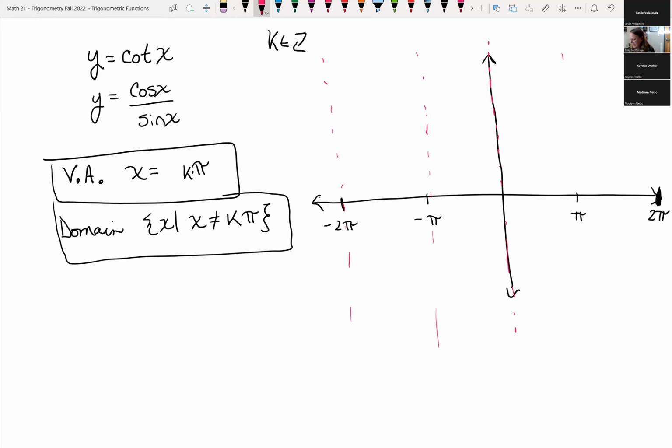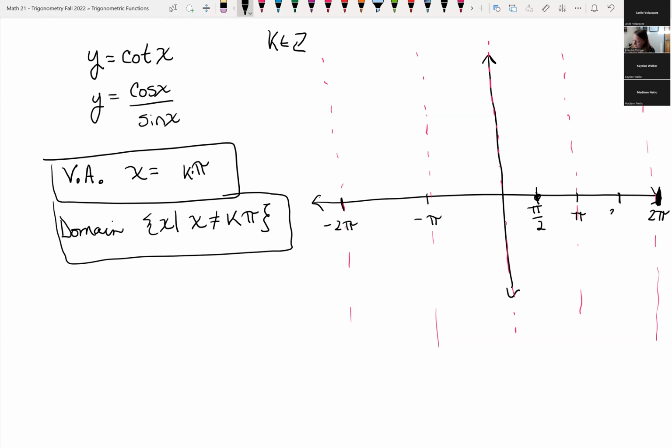So just like tangent of x, that midway line, halfway on that midway line is where it's going to be crossing. And so looking at this, I know between 0 and pi is pi halves. So halfway between here is pi halves. So cosine of pi halves is 0, sine of pi halves is 1. 0 over 1 is 0.